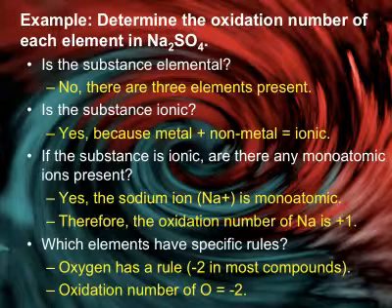So we've designated sodium, we've designated oxygen, right? So now we have to do a little bit of algebra to figure out sulfur. Sodium is a constant, oxygen is a constant. Sulfur, we know that sulfur can exist as S8, so we already know that its charge can change, correct? So now let's figure it out.